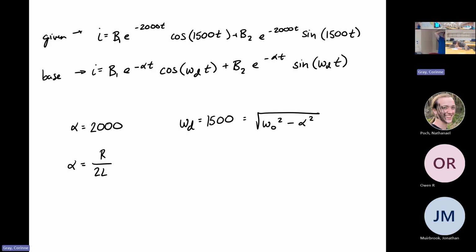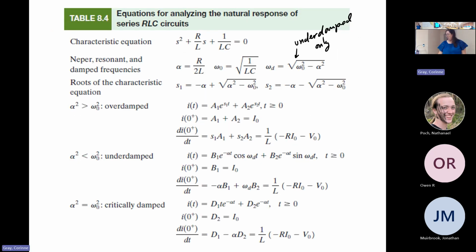Which means I need to use an equation that's going to get me to find the inductance first. Again, we look at our frequencies. Do I have an equation that, based on the information that I have, lets me solve for the inductance? Omega naught. Yes, I need omega naught, which I can find from omega d.